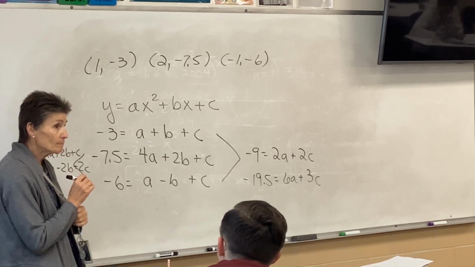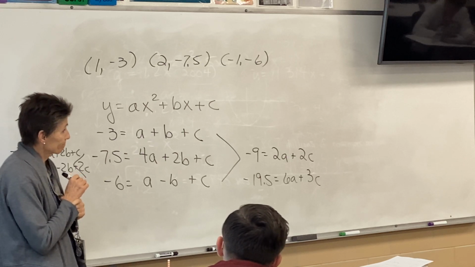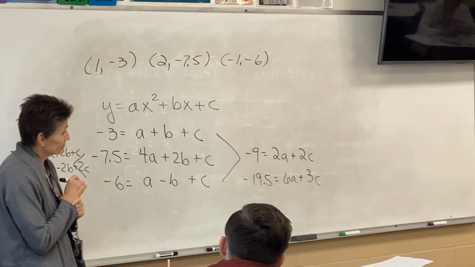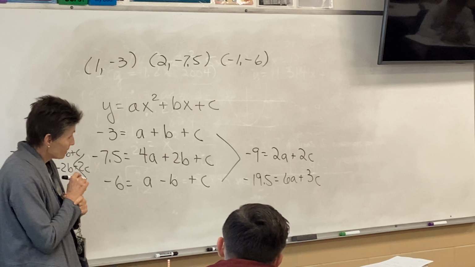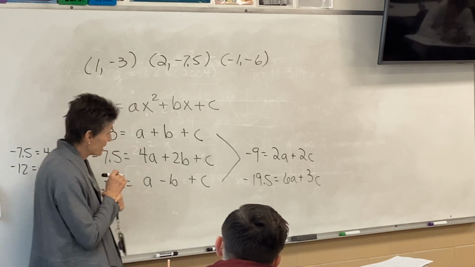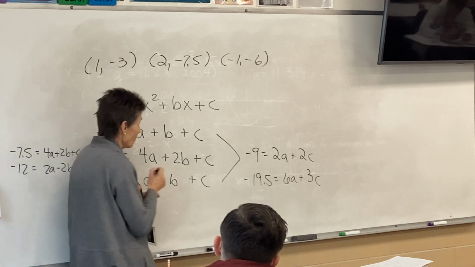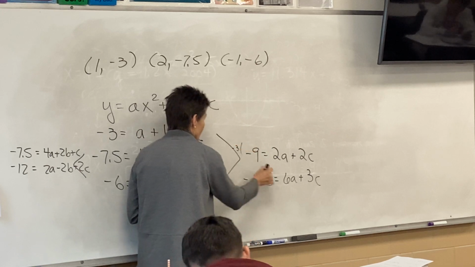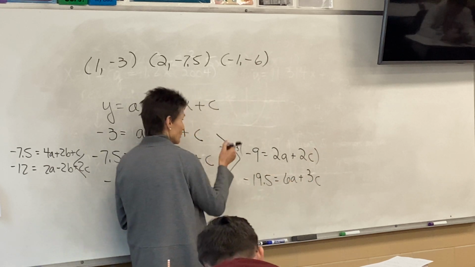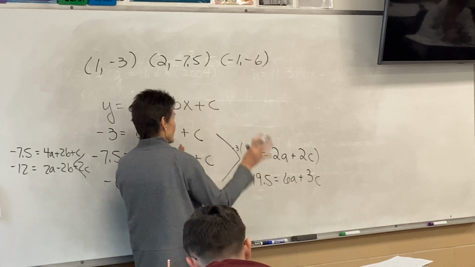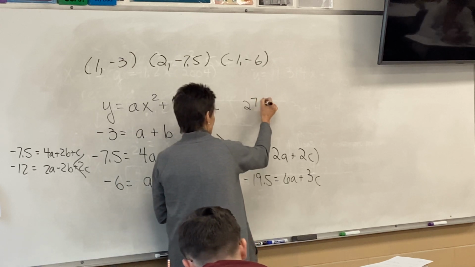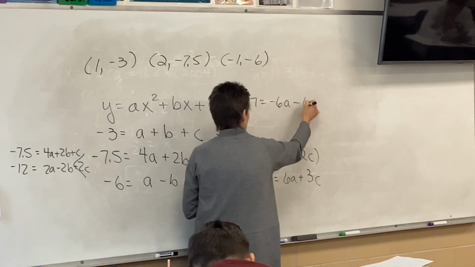And then eliminate again. Probably the easiest to get rid of those a's. So I'll multiply this one by negative 3. You can get rid of the c's, it doesn't matter, get rid of something. So 27 equals negative 6a minus 6c.